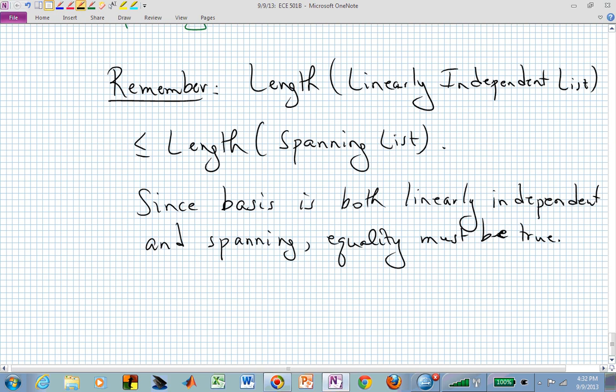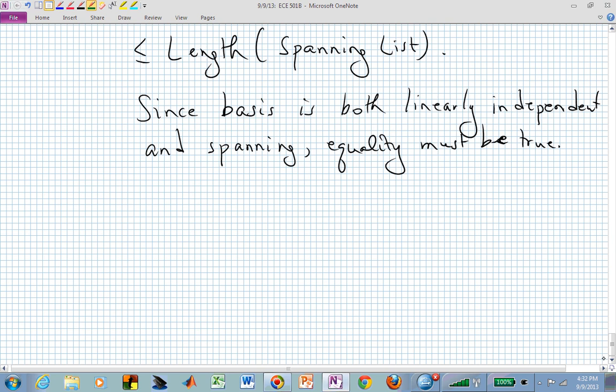Now, that being said, we actually have a lot of potential sets of basis vectors. There's not one unique set, although we like to think in terms of the standard basis. But generally, there's no unique basis.